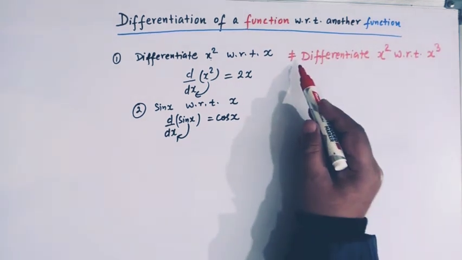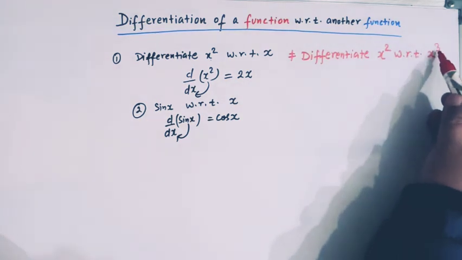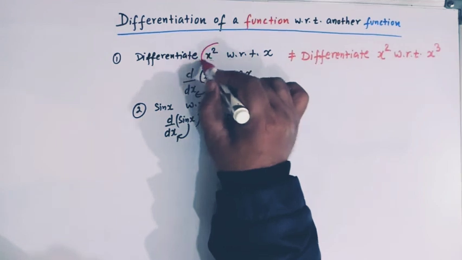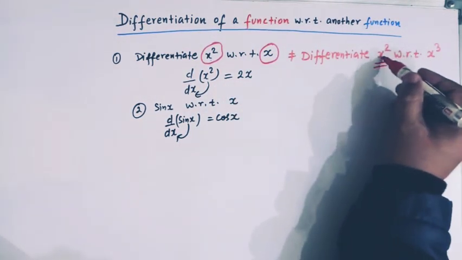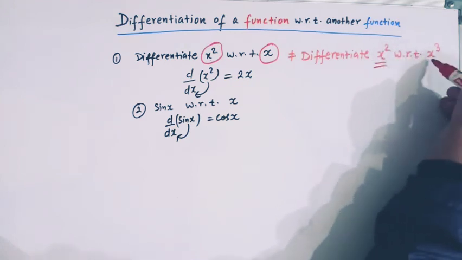Now in this case we have to differentiate x square with respect to x cube. Here we have calculated the derivative of x square with respect to x. Now we have to differentiate x square with respect to some other function which is x cube.